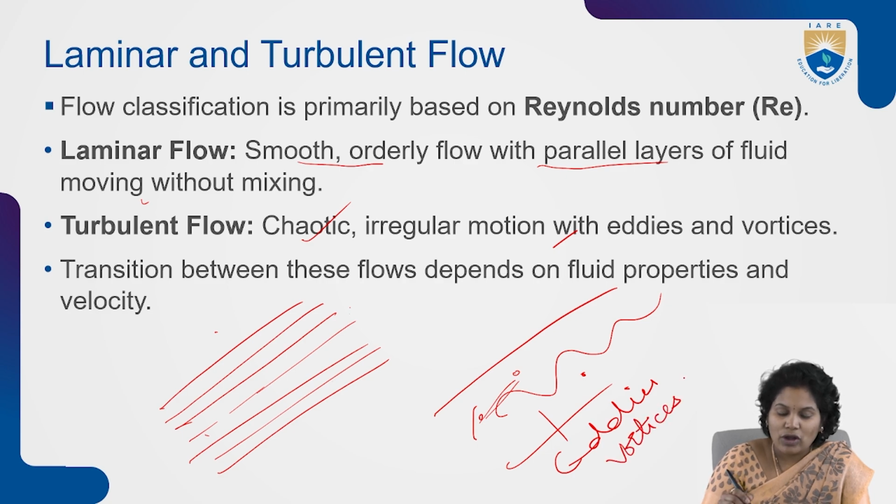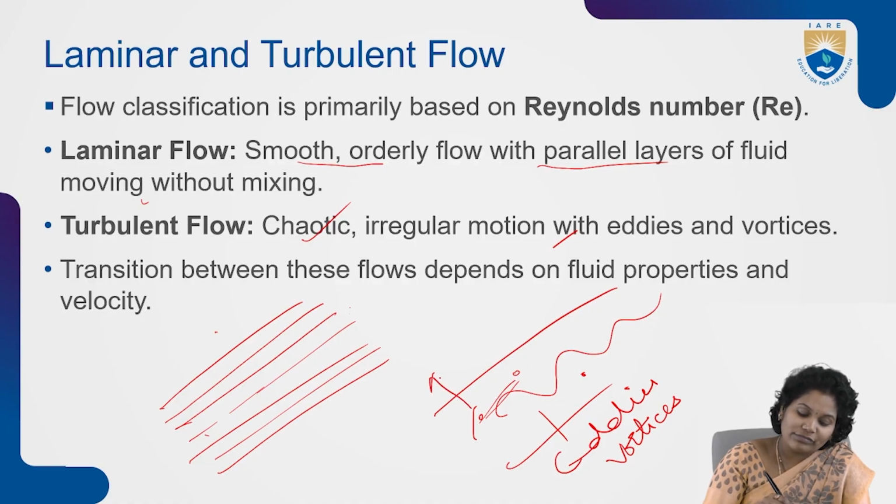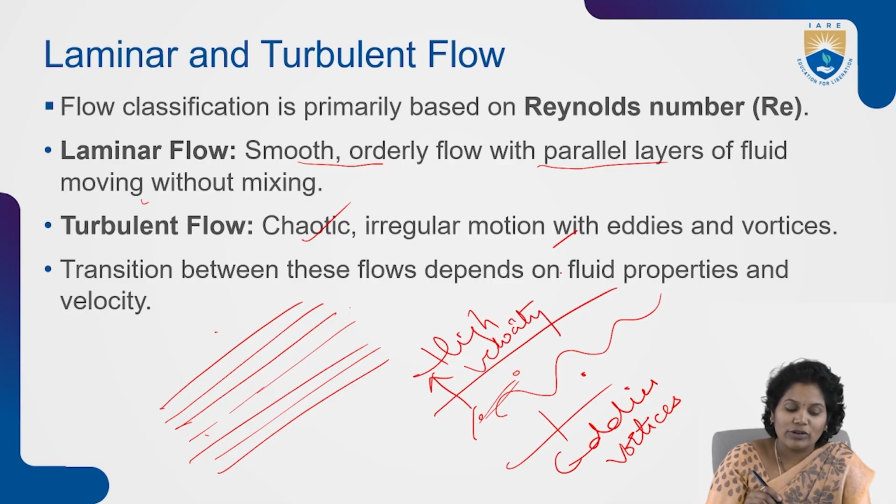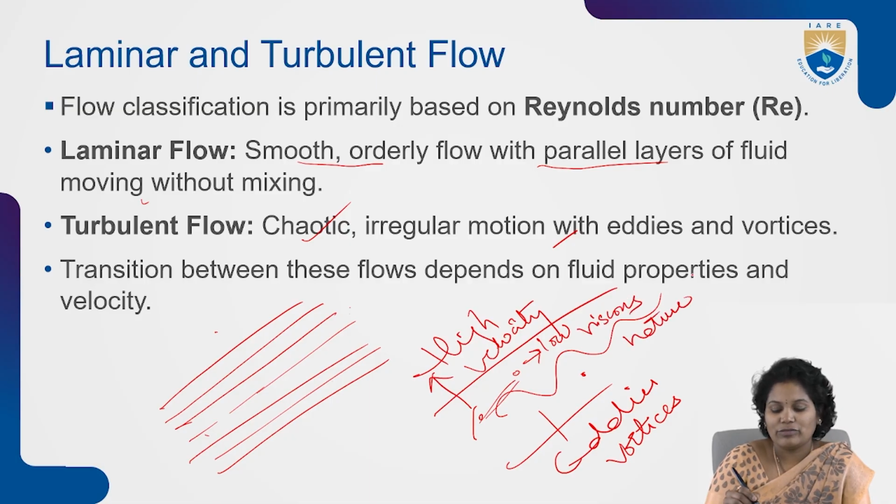The main factor for turbulent flow in a zigzag manner is high velocity. The first factor contributing to turbulent flow is high velocity and a low viscous nature of the fluid.